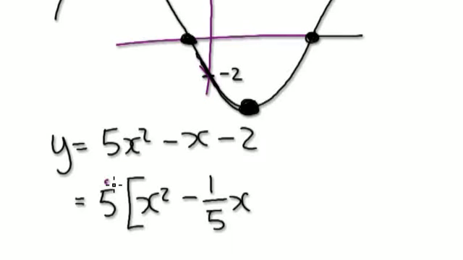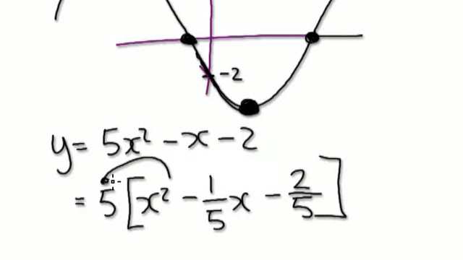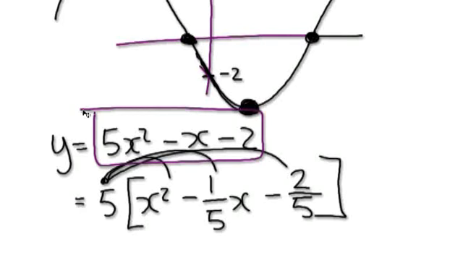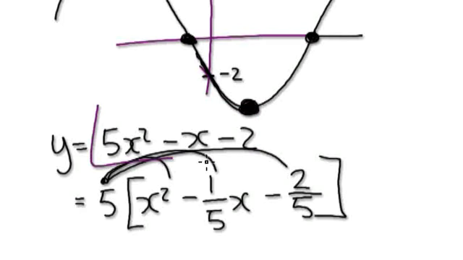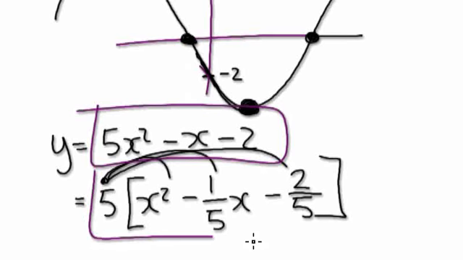Now I need to get this times something here, which would give me -2. As it turns out, I will need -2 over 5. So now if I get this times this, and then this times this, it will give me this whole thing here.